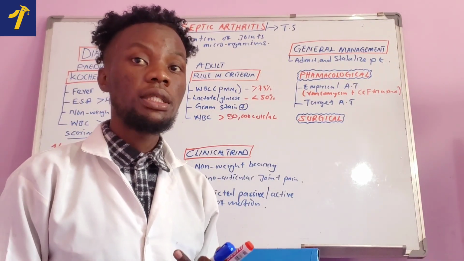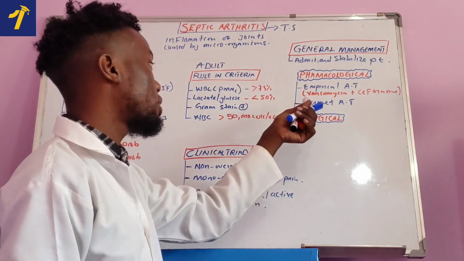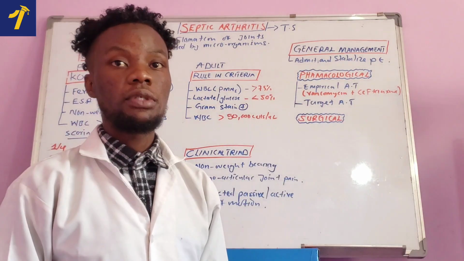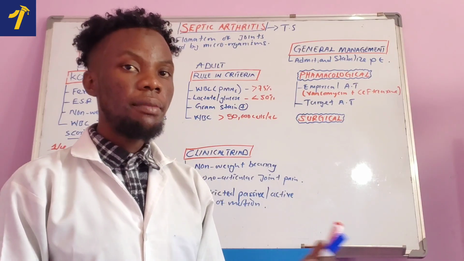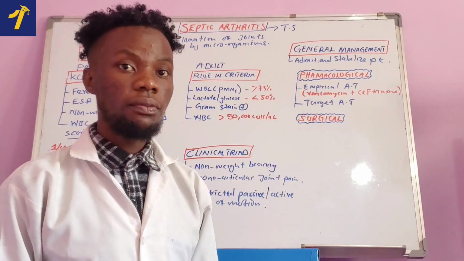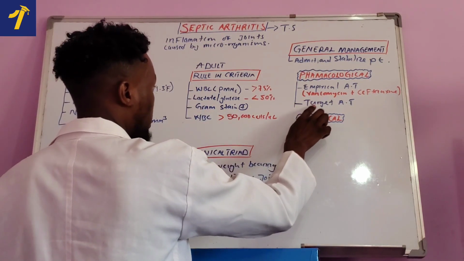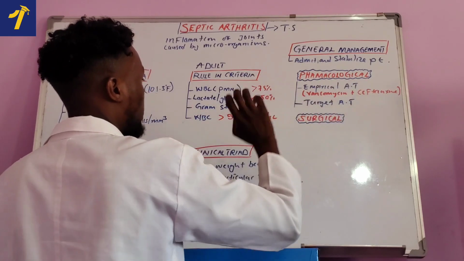If you know that it is Staphylococcus aureus, you can give them vancomycin, or you can continue vancomycin plus ceftriaxone. If there are other microorganisms like Kocuria, you can add on some other antibiotics. Okay, you need to know about that. So target therapy, now you have culture. Empirical therapy, you don't have culture there.